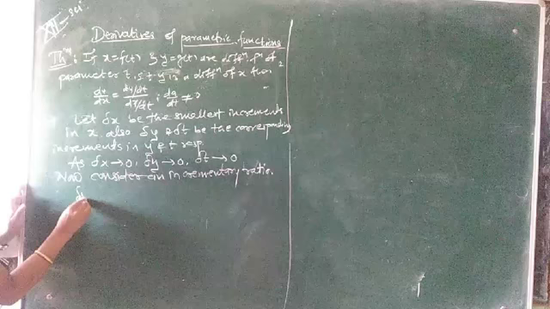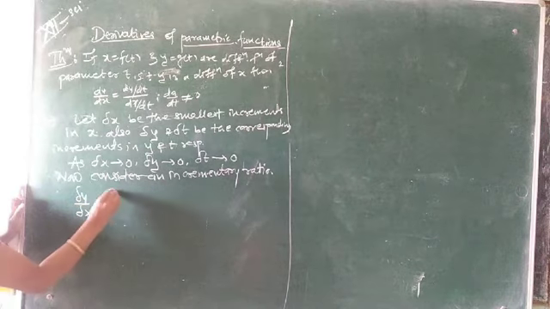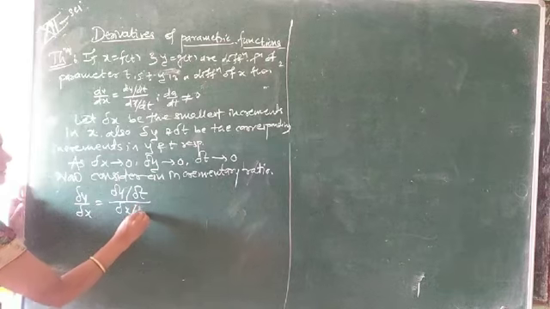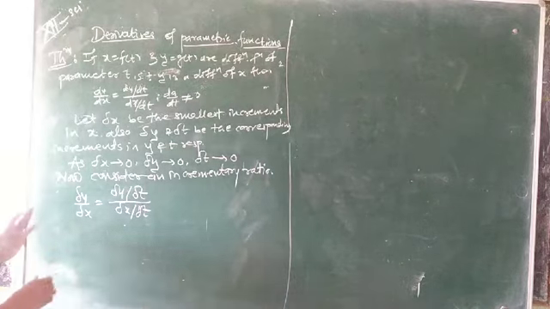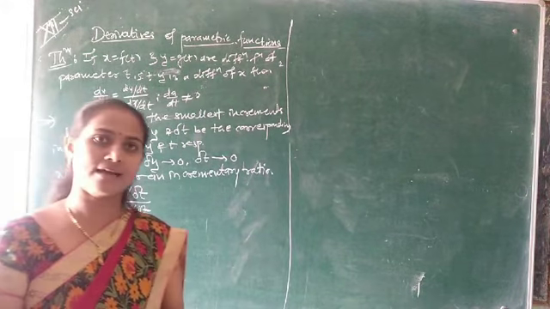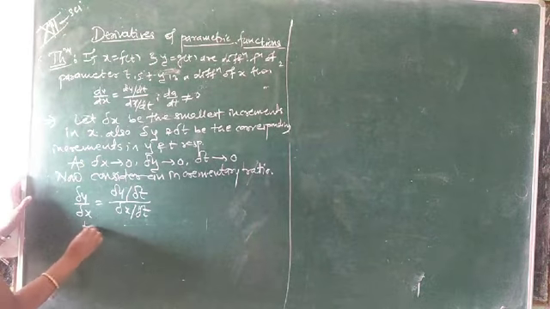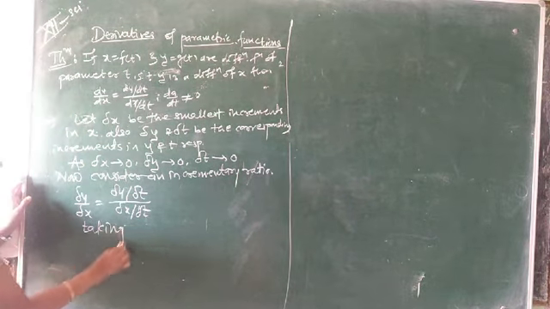That is delta y upon delta x is equal to delta y upon delta t divided by delta x upon delta t. Now here we are taking limit as delta t tends to 0 on both sides, because our functions are in the form of t.